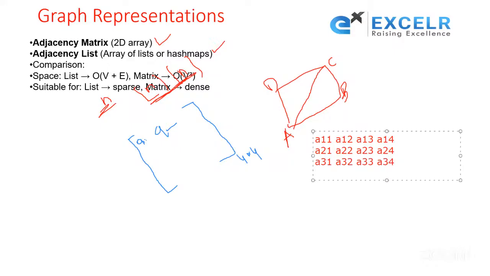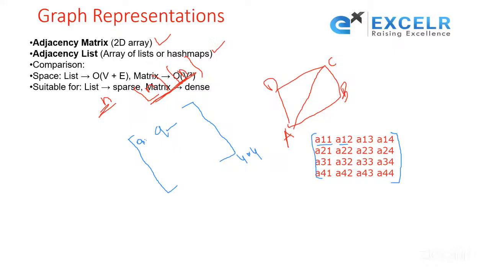Then the fourth row would be A41, A42, A43, and A44. So this is the matrix. The adjacency matrix for a graph having 4 vertices is this. Now what are these, A11 and A22 and so on?